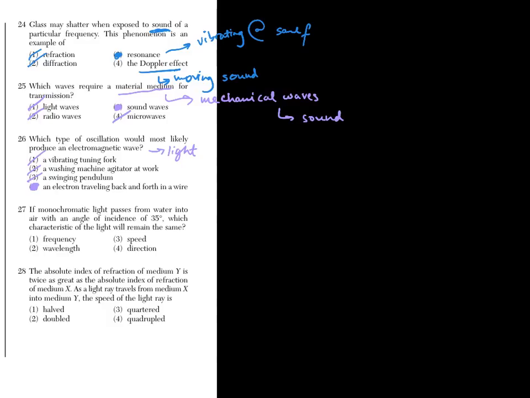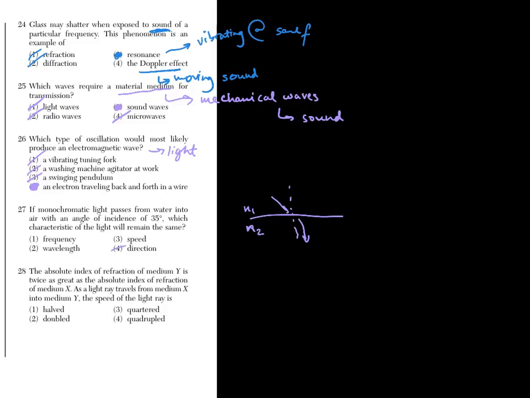Number 27, if monochromatic light passes from water into air with an angle of incidence of 35 degrees, which characteristic of the light will remain the same? Okay, so when light refracts between two materials, direction changes, clearly as you can see.